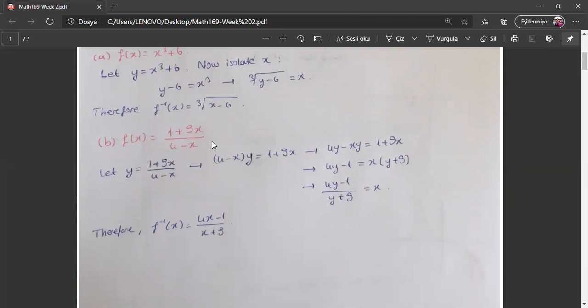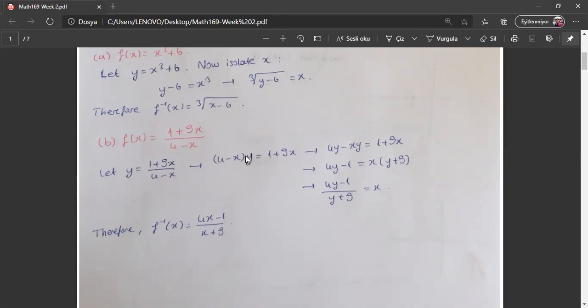So again, we do the same thing. We write it as in this form first, then isolate x from this equality. So here we have 4 minus x times y equals to 1 plus 9x.